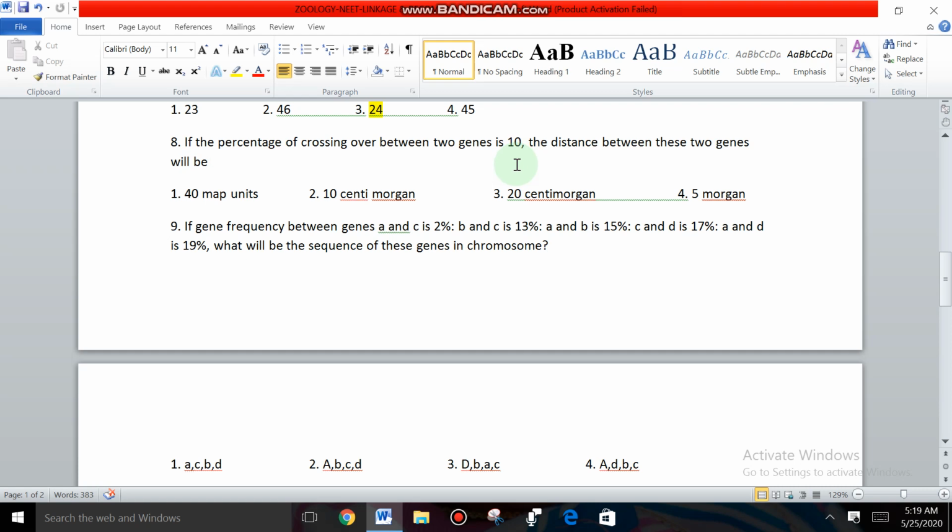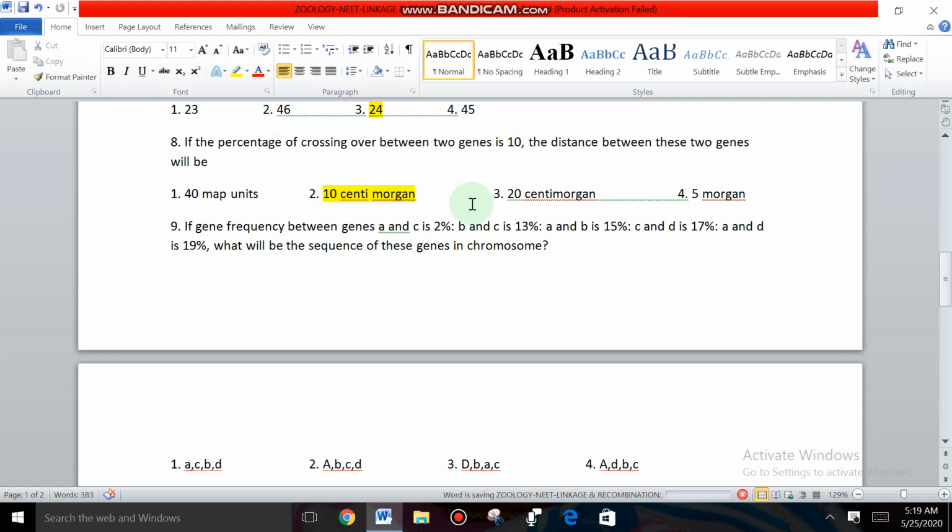And 2% recombination means the distance is 2 map units. Like that, 10% crossing over taking place is nothing but 10 map units or 10 centimorgans.